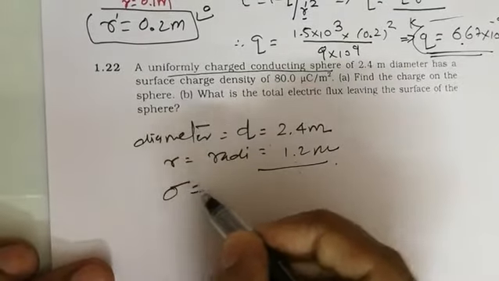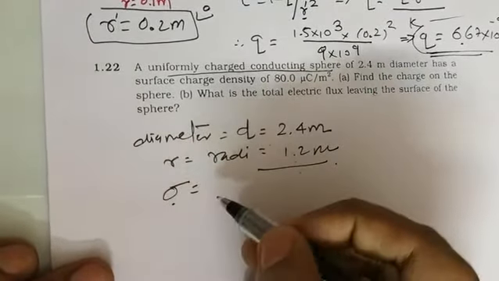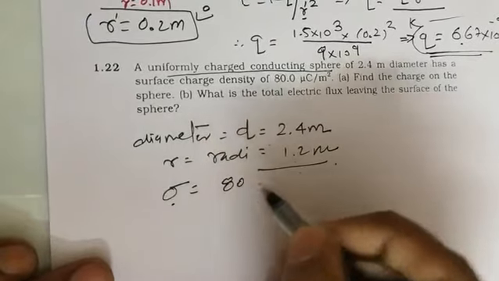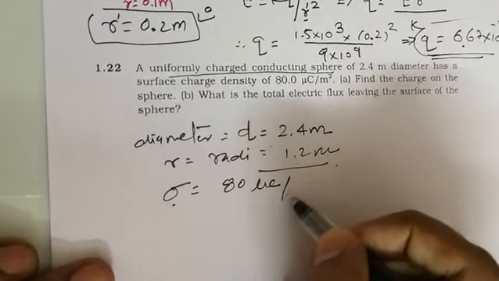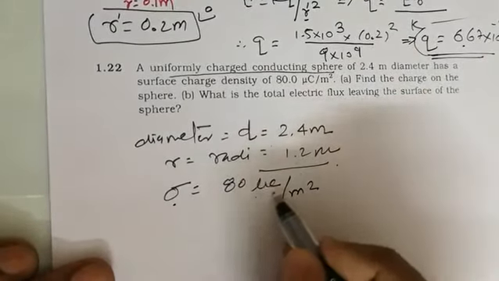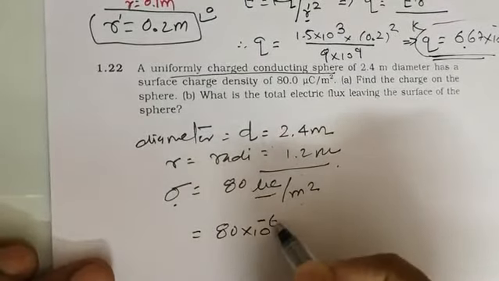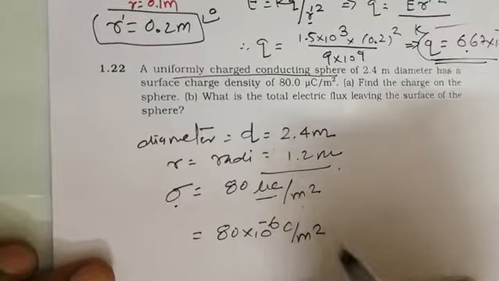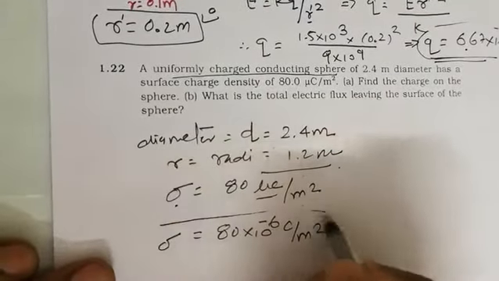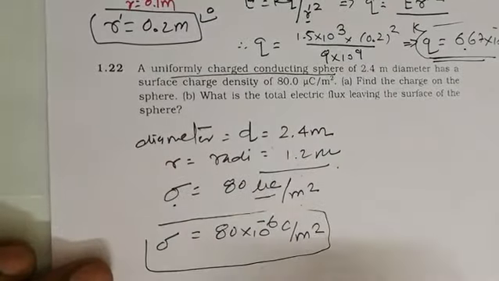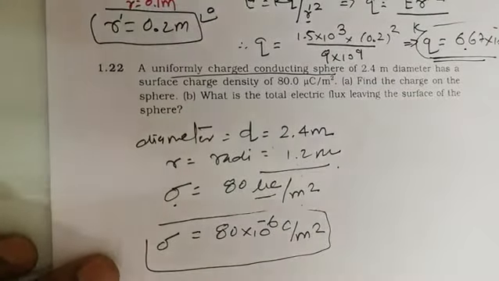The surface charge density, yes, it is called sigma. We have discussed it. It is 80 microcoulomb per meter square. Look at the unit: coulomb per meter square. So 80 times 10 to the power minus 6 coulomb per meter square gives us the value of sigma. We have to find the charge on the sphere and the flux.